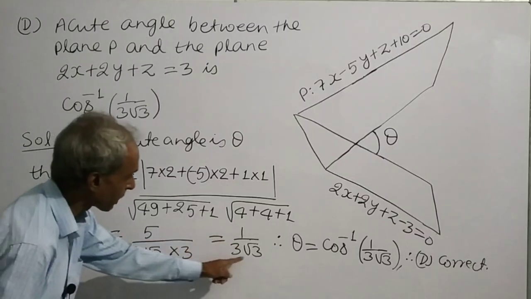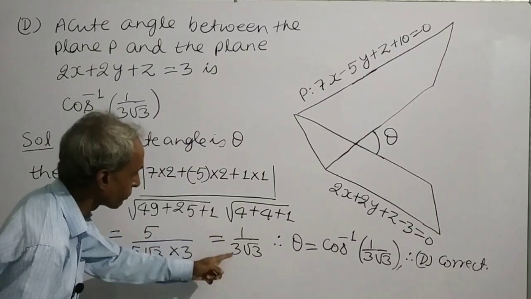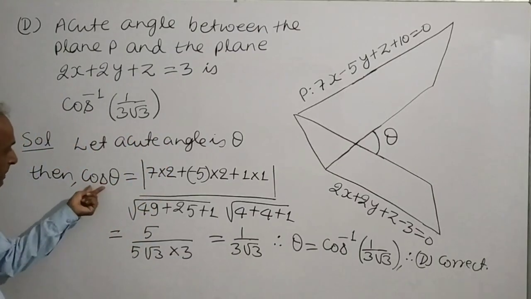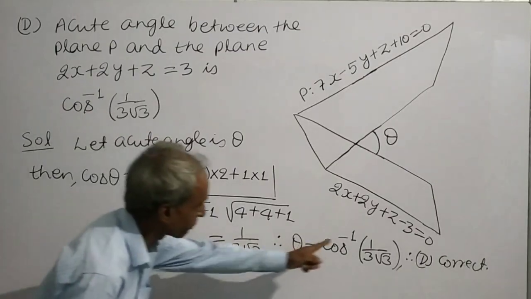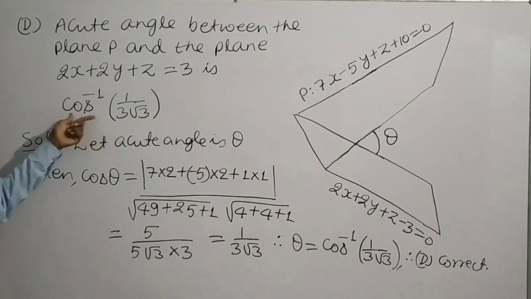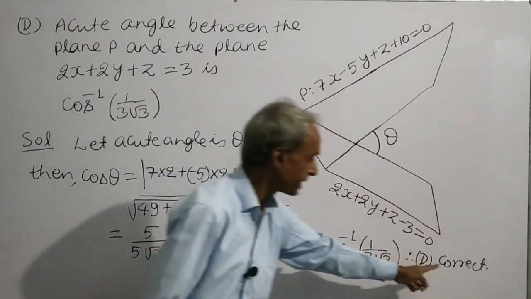This is equal to 1 by 3 root 3. Cos theta is equal to 1 by 3 root 3. Then theta will be equal to cos inverse 1 by 3 root 3. This is given in this option D. Therefore, option D is correct.